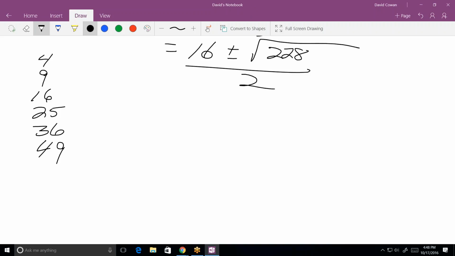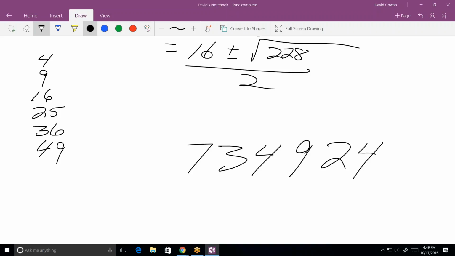The way you can tell if a number is divisible by 4 is if the last two digits are divisible by 4. That's all it has to be. In other words, if I give you a number like this, that's divisible by 4, because the last two digits are.